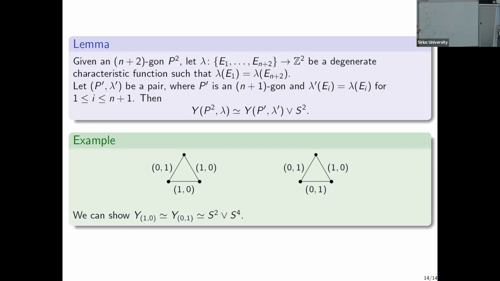So in this case, we can consider another P prime, which is an (n+1)-gon, such that lambda prime EI equals lambda EI. The homotopy type of the space for P, lambda is given by that for P prime, lambda prime wedge another 2-dimensional sphere. So for example, in the triangle case with vectors (1,0), (0,1), (0,1), the resulting space is homotopy equivalent to S2 wedge S4.